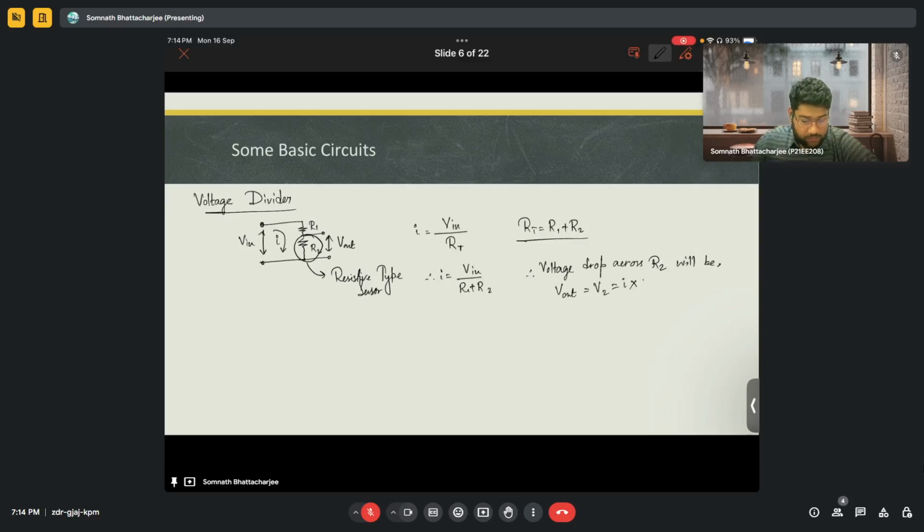So I into R2. So it will be V in R2 by RT, or the total voltage, that is V in into R2 by R1 plus R2.